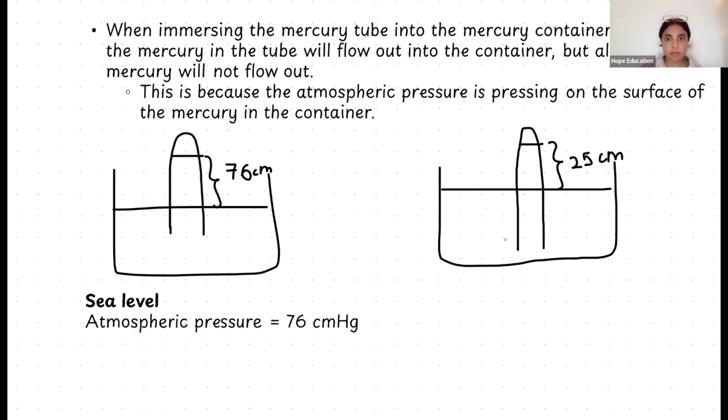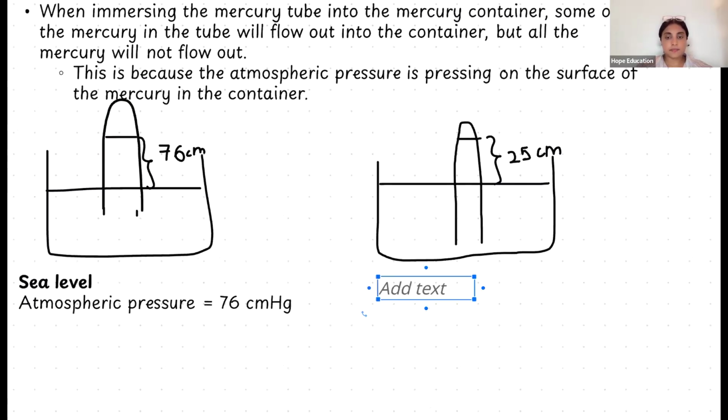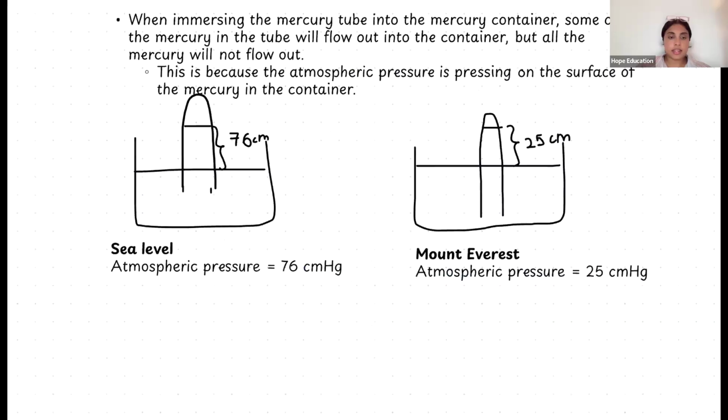I hope you notice it in the picture if it's clear, but yeah. Something like that. So at Mount Everest, atmospheric pressure would be approximately 25 centimeter Hg. We call it mercury centimeter. So from this, something that we can understand is that depending on the location, the atmospheric pressure changes.